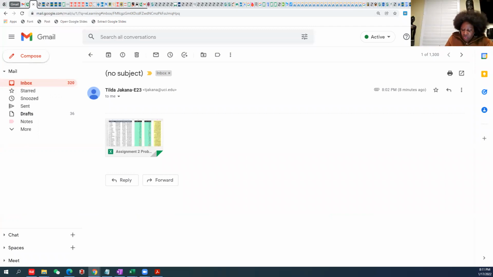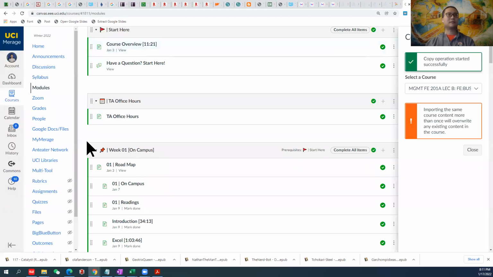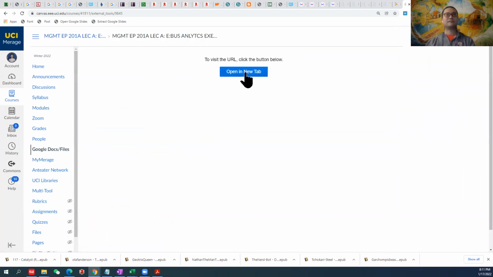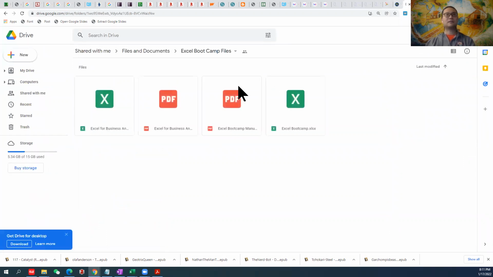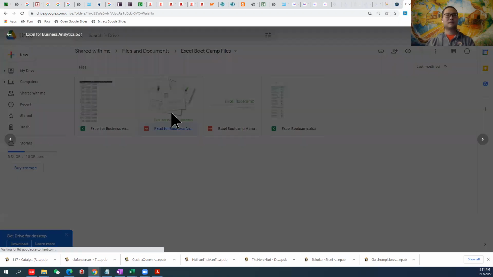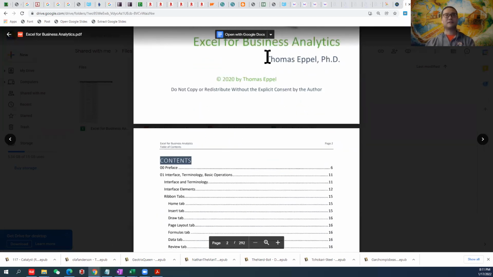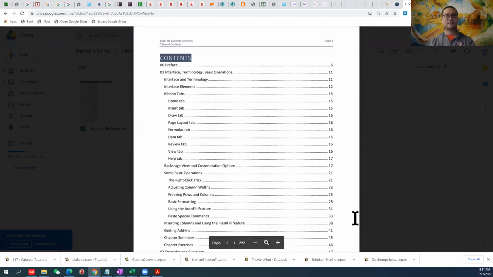No. Last time when you asked about how to use Excel, I particularly pointed out the Google Doc and files. Here you find the Google Drive link where you can find the Excel bootcamp file. This is a very thorough book the professor prepared for the most useful functions and applications with Excel.